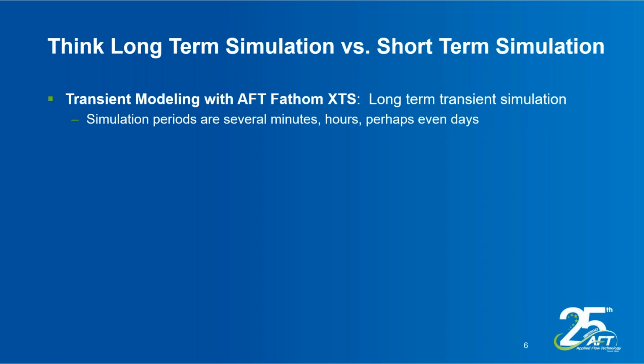What I'm talking about is you're going to be looking at what's going on in the system for several minutes, hours, even days, and you're going to be looking at more of a macro level of what's going on inside of your piping system as things change.